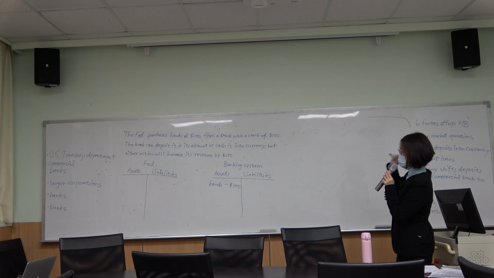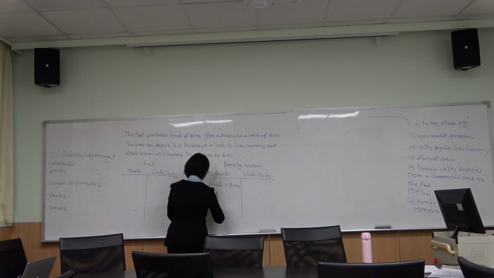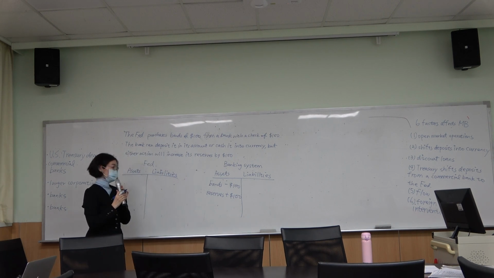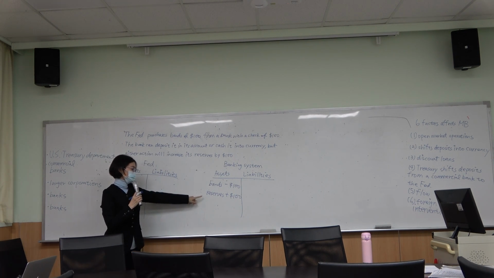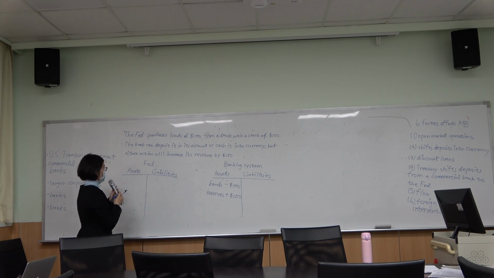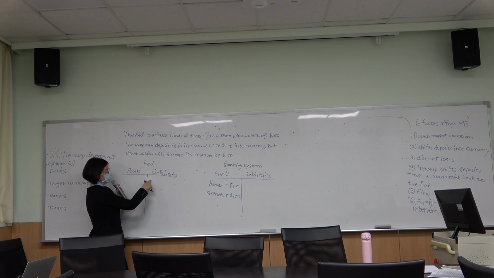However, now it has $100 more in its reserves. So there is $100 more in the banking system's reserves. Also, that will reflect in an increase in reserves of the Fed.